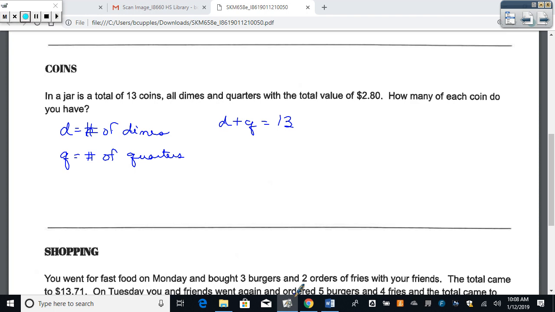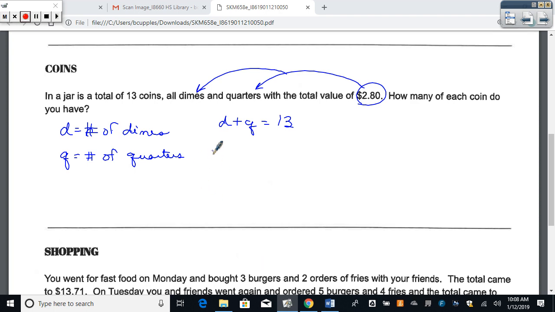Okay. Now the next one says the dimes plus the quarters is equal to $2.80. Well, this is actually putting a value to each of these, this one and this one, okay? And so how I'm going to translate this, it's not just dimes plus quarters equals $2.80. I have to know how much each dime and how much each quarter is going to be worth.